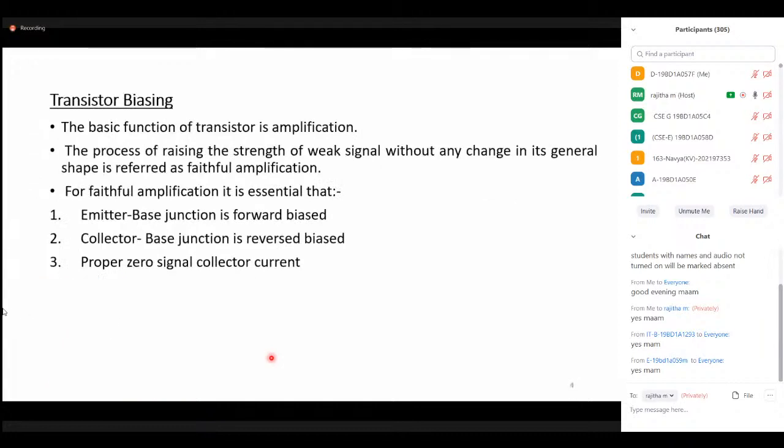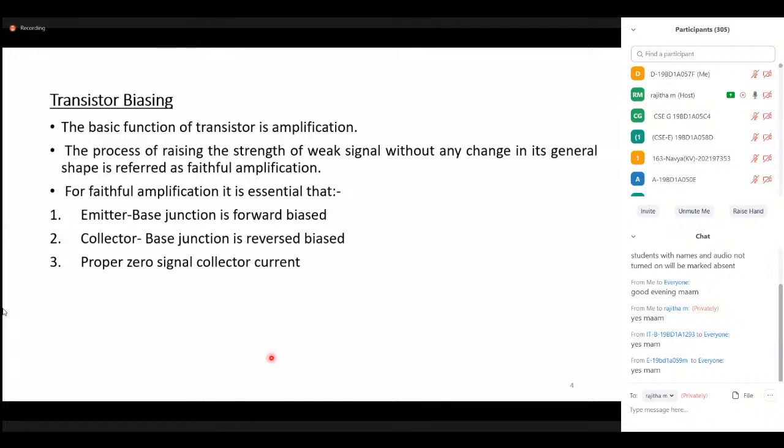Next, transistor biasing. The basic function of a transistor is amplification. The process of raising the strength of a weak signal without any change in its general shape is referred to as faithful amplification.